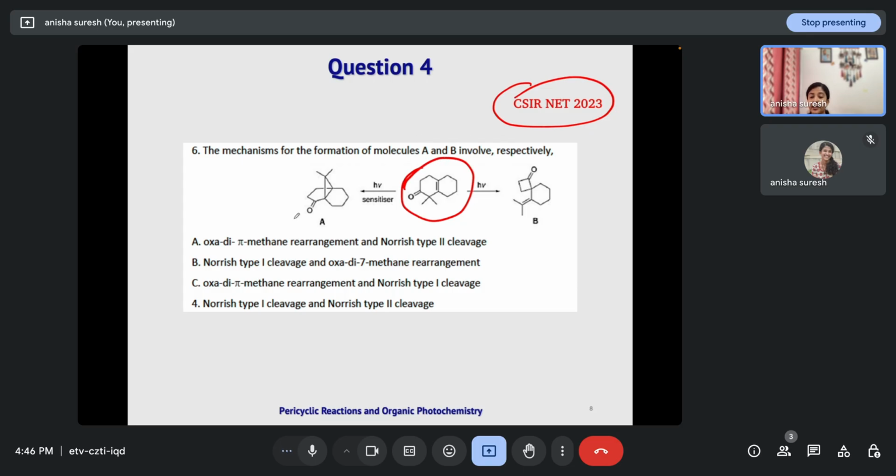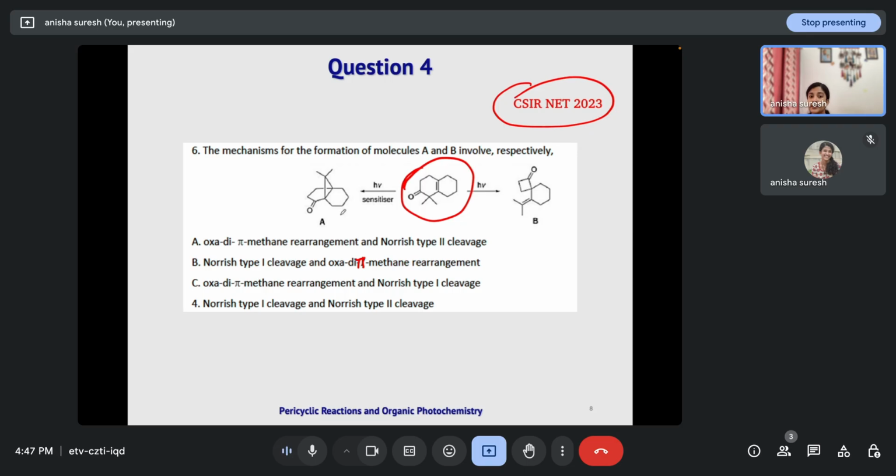The options are: oxadipymethane rearrangement and Norrish type 2 cleavage; Norrish type 1 cleavage and oxadipymethane rearrangement; option C, oxadipymethane rearrangement and Norrish type 1 cleavage; and option 4, Norrish type 1 cleavage and Norrish type 2 cleavage.